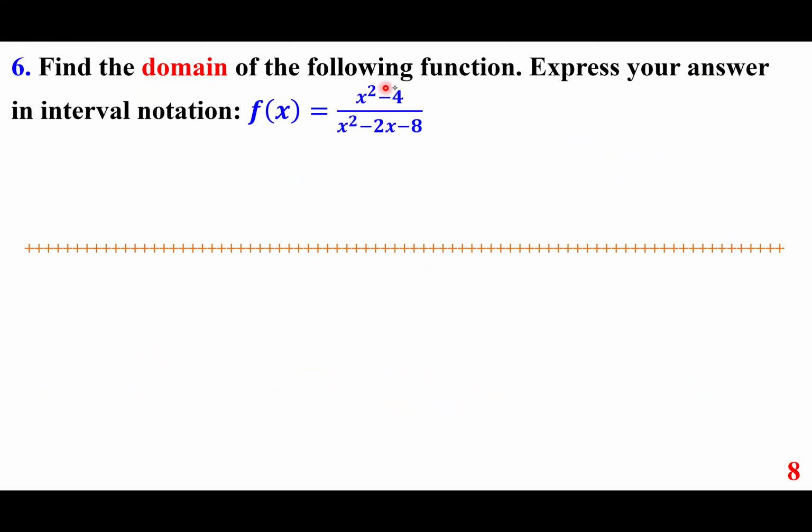Find the domain of the following. Express your answer in interval notation. Well, whenever you have a rational expression, you set the denominator equal to 0, you exclude it, that becomes its domain.